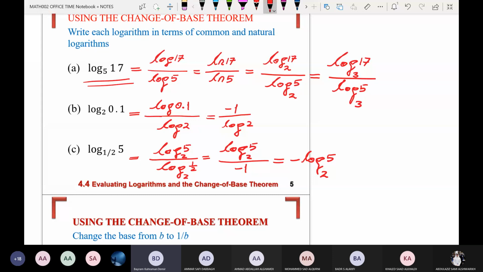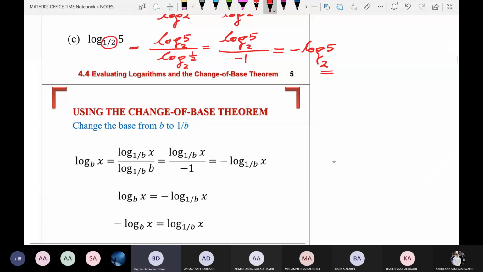Now you see what happened, Shabab? When I change 1 over 2 to 2 here, it just multiplied the logarithm with negative, you see? Logarithm 5 with base half is the same as negative logarithm 5 base 2. So in the next, it is showing if you change the base from b to 1 over b.